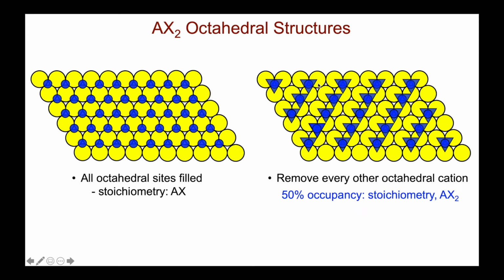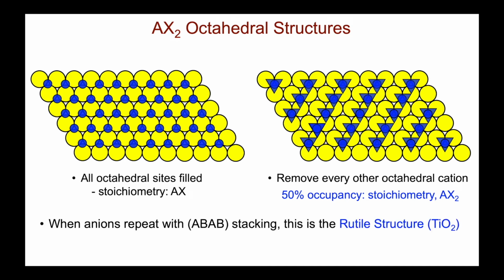And we see that in the structure we're starting to get these chains of octahedra in these directions. If I repeat this in 3D with an anion stacking that's AB, AB, then this is actually the structure of TiO₂, and it's called the rutile structure.